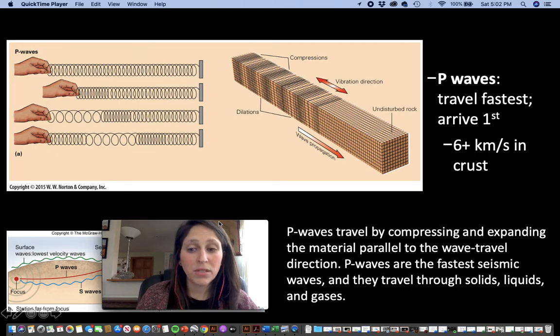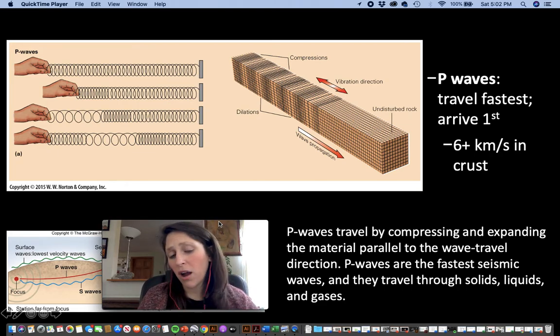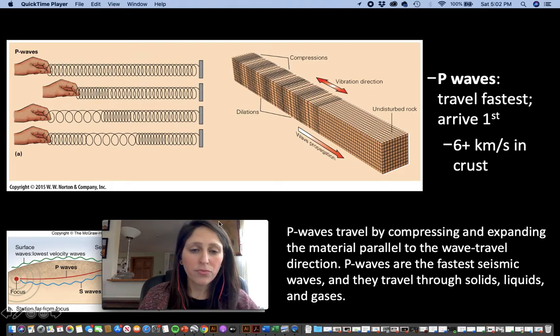There's different types of sediment, so we can have bedrock, we can have soil, materials kind of in the middle between rock and liquid. We also have gases, natural gases in our earth, which is what we use for energy. So there's different types of materials within our earth, and the P waves travel through all of these.